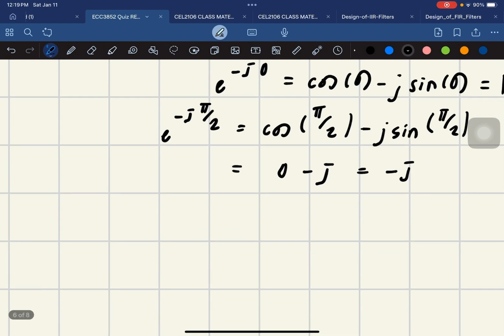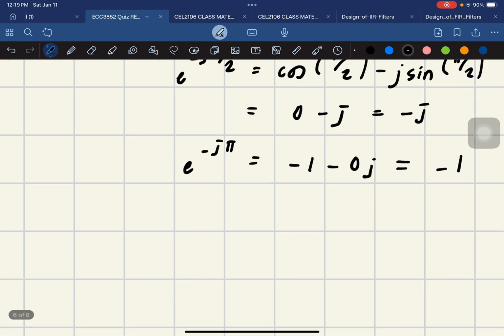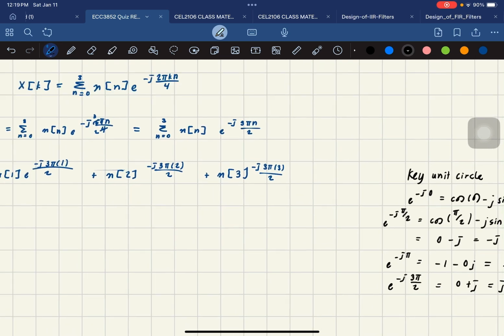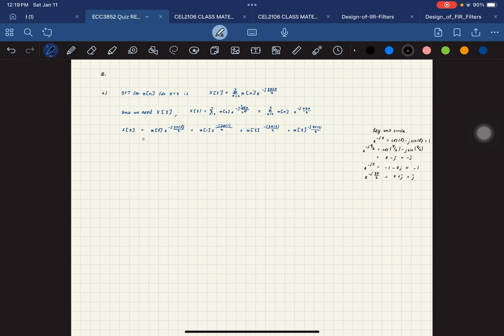So for e^(negative j pi), it will be negative 1. I will be skipping this because it's going to take long. And e^(negative j 3 pi over 2) is 0 plus j. Okay, so we need to substitute the unit circle values in this.